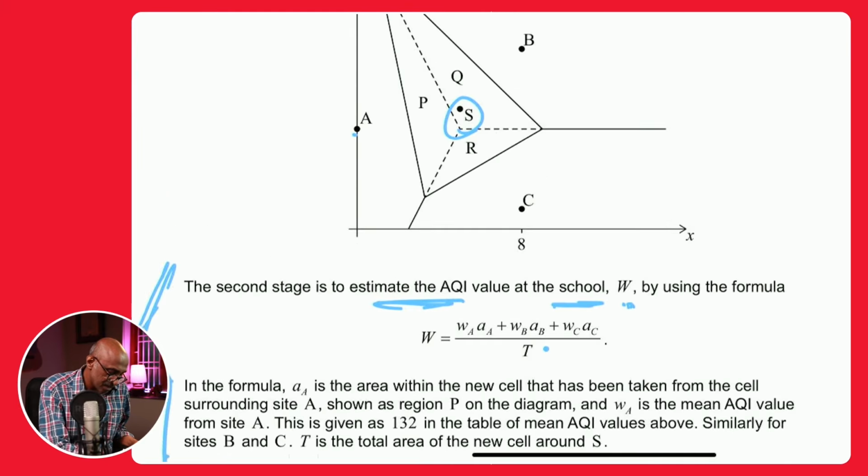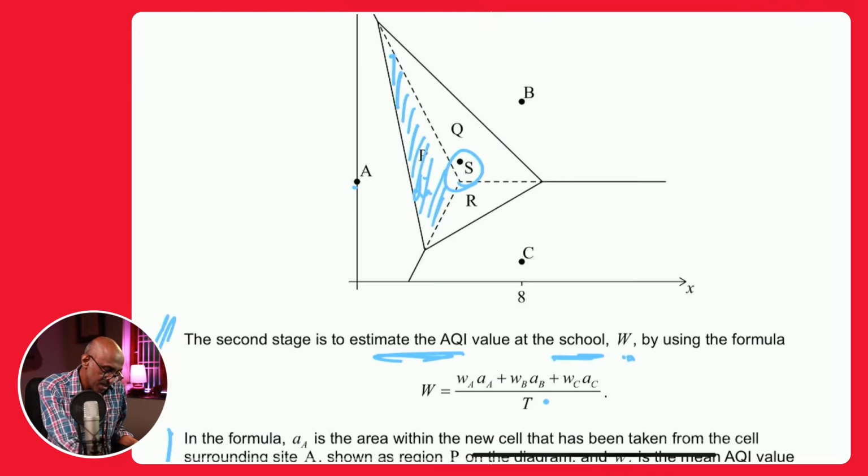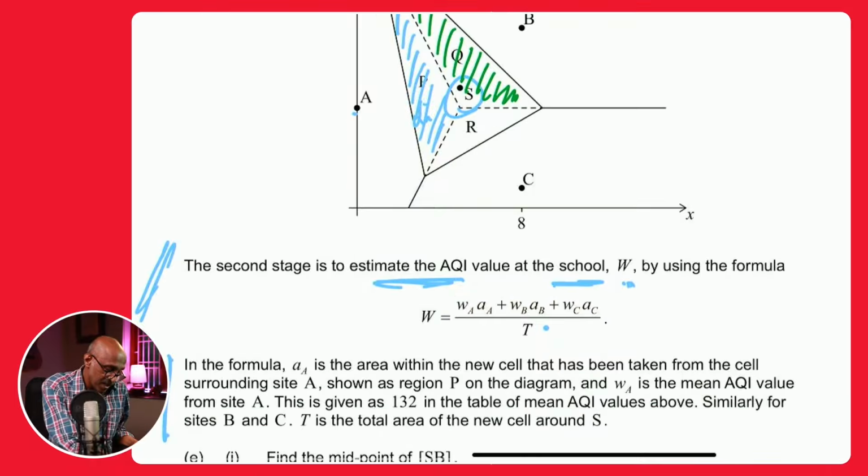That means it's the area of this triangle. So this is alpha A, the area of this triangle from that cell containing A, which means alpha B should be this green triangle, from that cell B, and in the same way, alpha C should be the area of this triangle.